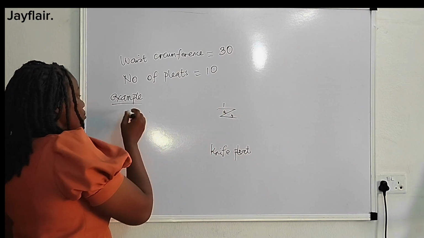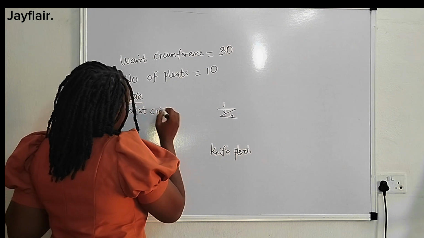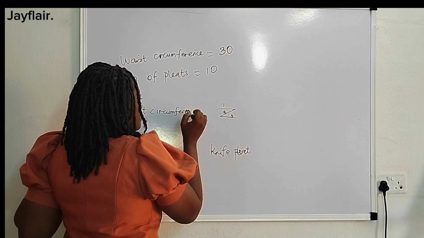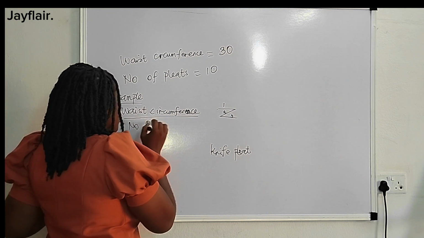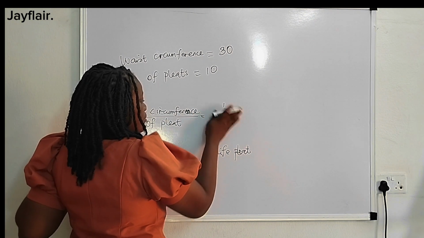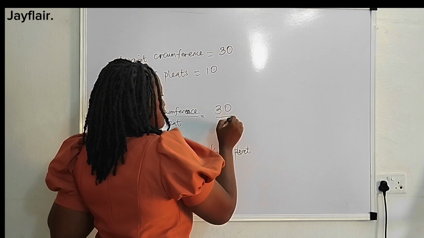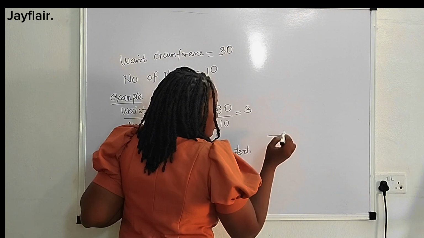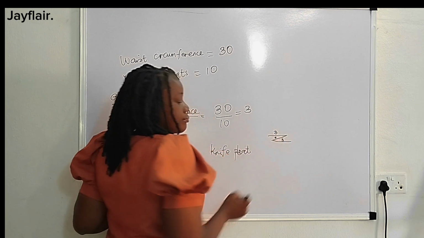What we'll do is we'll divide our waist circumference by the number of pleats. So our waist circumference divided by the number of pleats, which is 30 over 10, equals 3. Now it means that this fold is 3 here, 3 and 3.